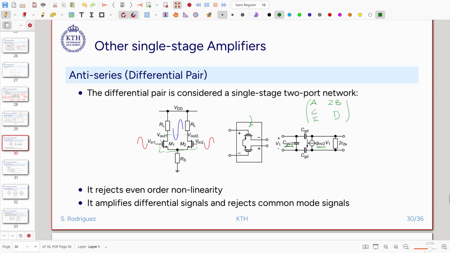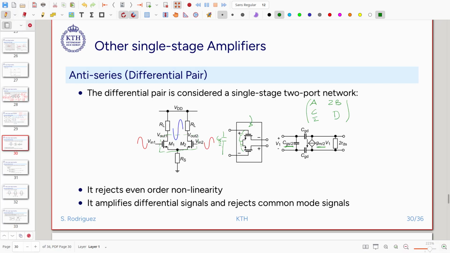So to model that, we will have this capacitor, CGS divided by 2, here. Another way of seeing this is that we have a capacitor here, and the total capacitance that we see will be basically CGS divided by 2. We just take this CGS into consideration.